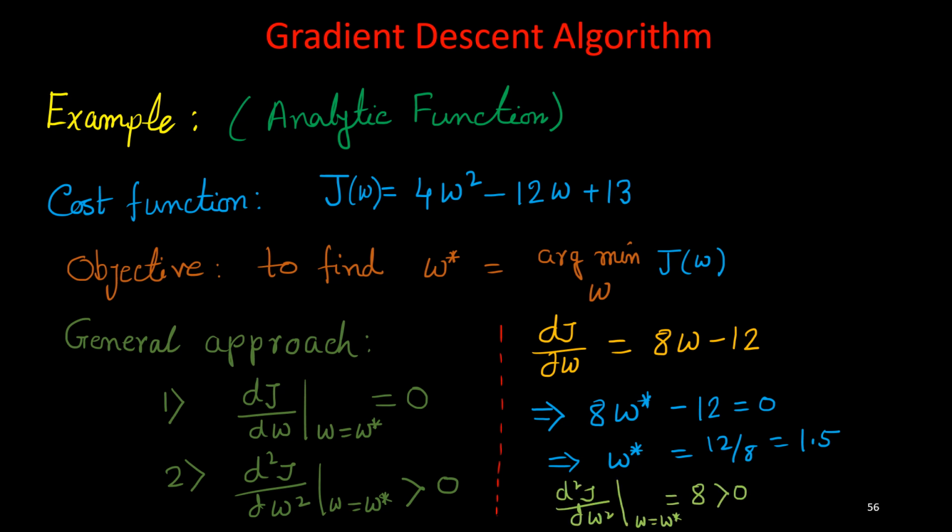And we can also check the second order derivative. If I take the derivative of this one again, the derivative of w is 1, so it is only 8, and the derivative of the constant is 0. So you see the second order derivative is always 8, that is positive, meaning this cost function will have only one minima, and that minima is 1.5.